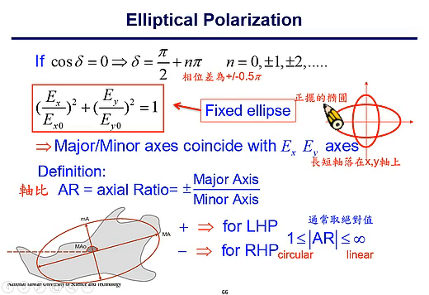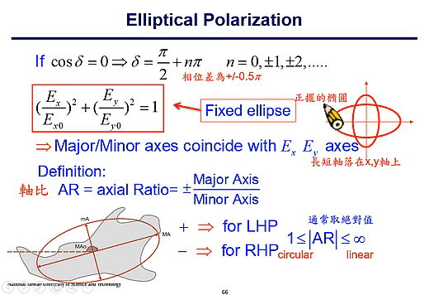The definition of axial ratio, which you come across quite often in antenna design, is the ratio of the major axis over the minor axis. But usually we are looking at the absolute value of the axial ratio.